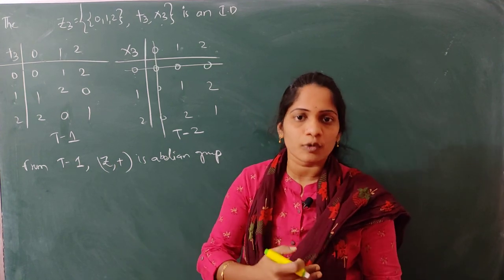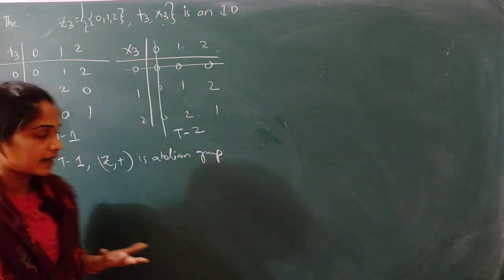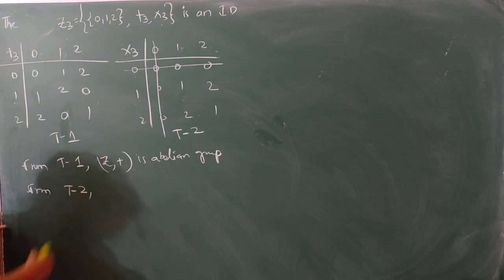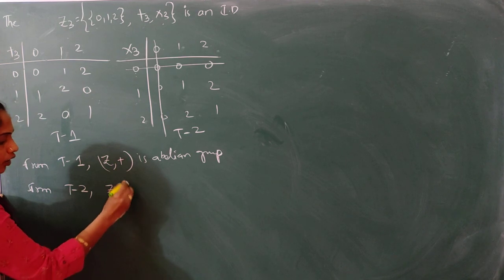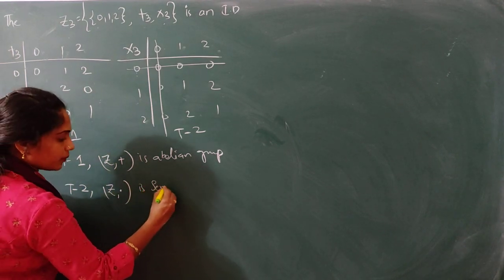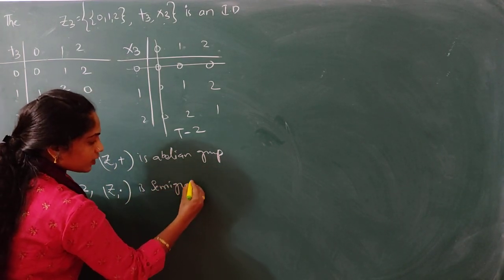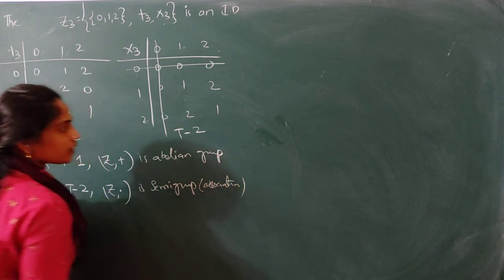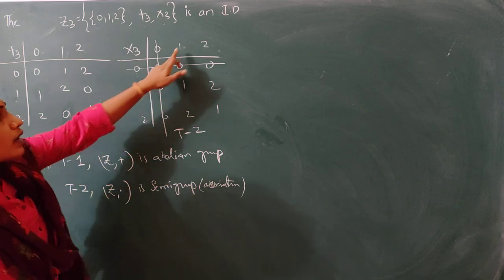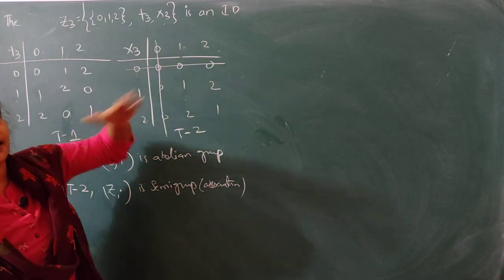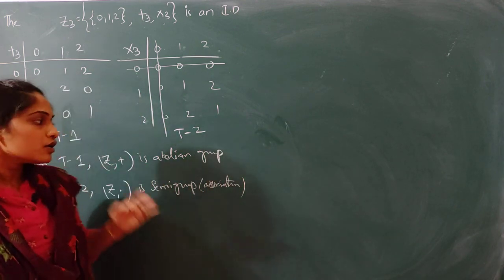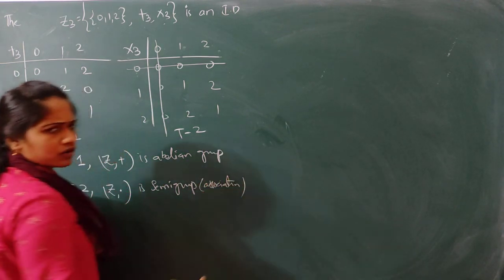What is the second property of a ring? Semigroup. So from the second table, Z3 comma dot is a semigroup. Semigroup is nothing but associativity under multiplication. If you take any two elements and multiply with another element, then LHS equals RHS, so the associative property is satisfied. The distributive law is also satisfied.